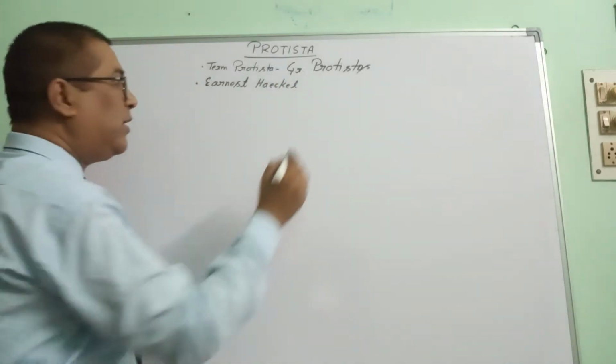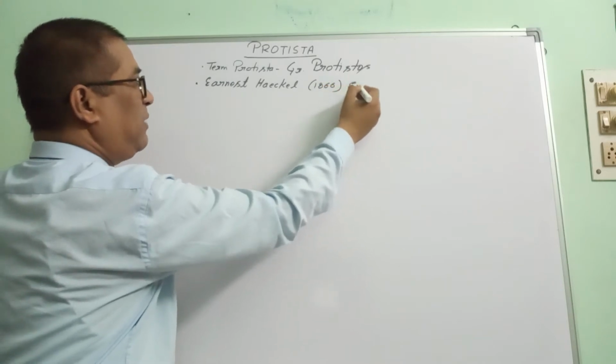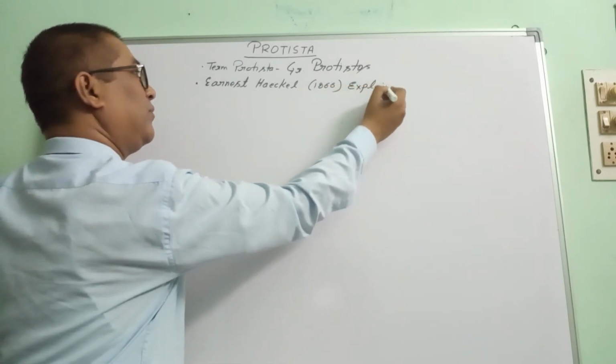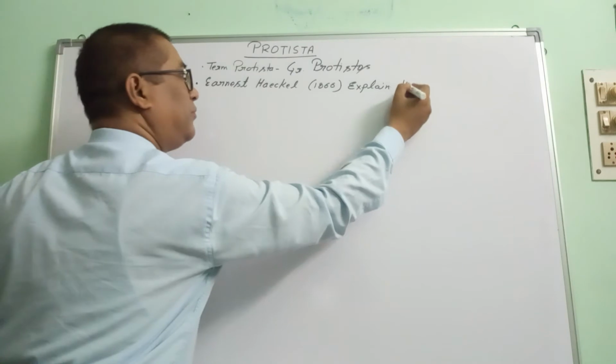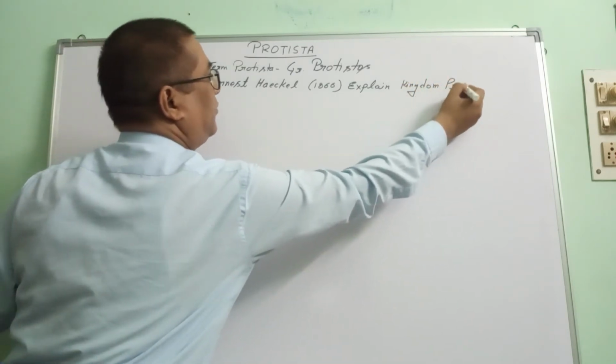Ernest Haeckel in 1866 explained the kingdom Protista.